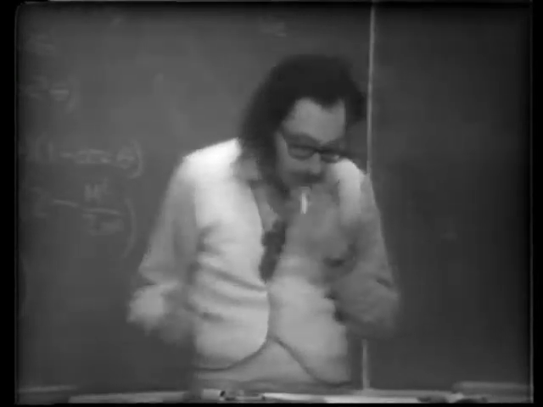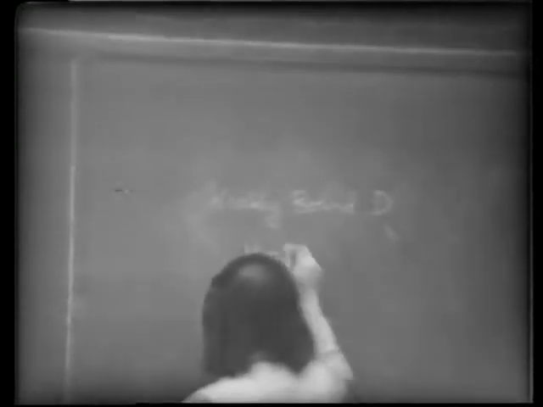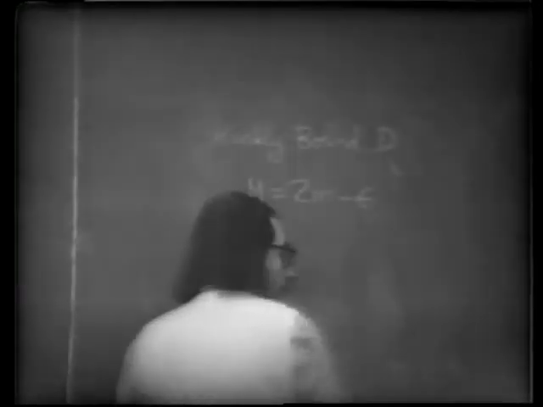Indeed, we can get an approximate expression for a very weakly bound particle like the Deuteron, or generically a weakly bound particle, by saying capital M is 2m minus epsilon, where epsilon is the binding energy, and assuming epsilon is much less than m.